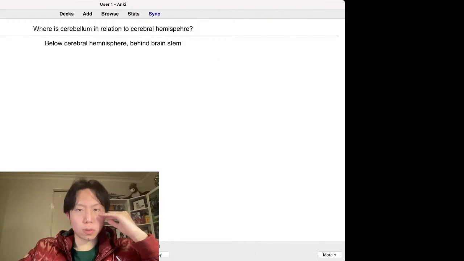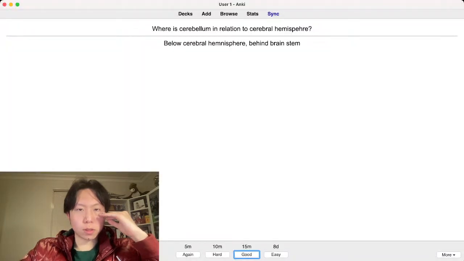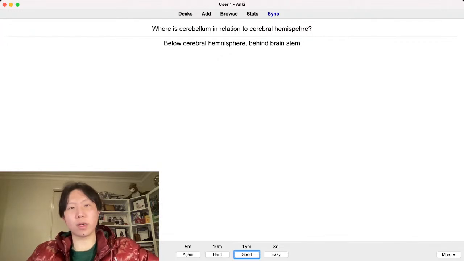Cerebellum is under the cerebral cortex. Below cerebral cortex. Okay, yeah, I guess cerebral cortex is brain.